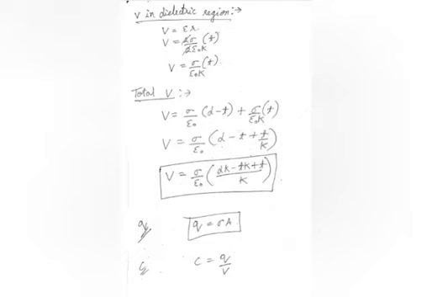Because of the presence of the dielectric, the electric field there would get reduced K times. Hence the electric field would become not just sigma upon epsilon naught but sigma upon K epsilon naught.